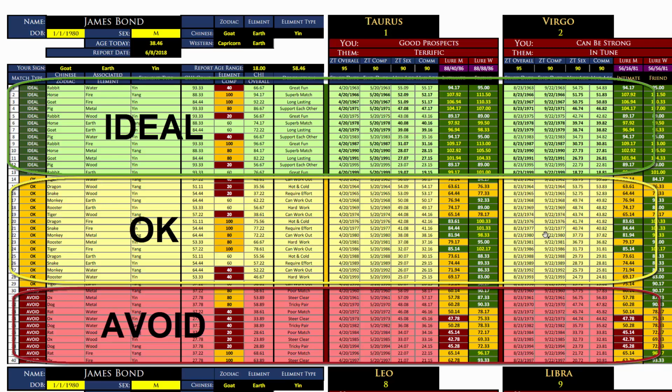In the second category, in the okay section, these relationships tend to have a little more friction. These are the more average type of relationships. The majority of the world falls into this category because you don't always understand how to find your soulmate factor, which is what's usually in the green section.